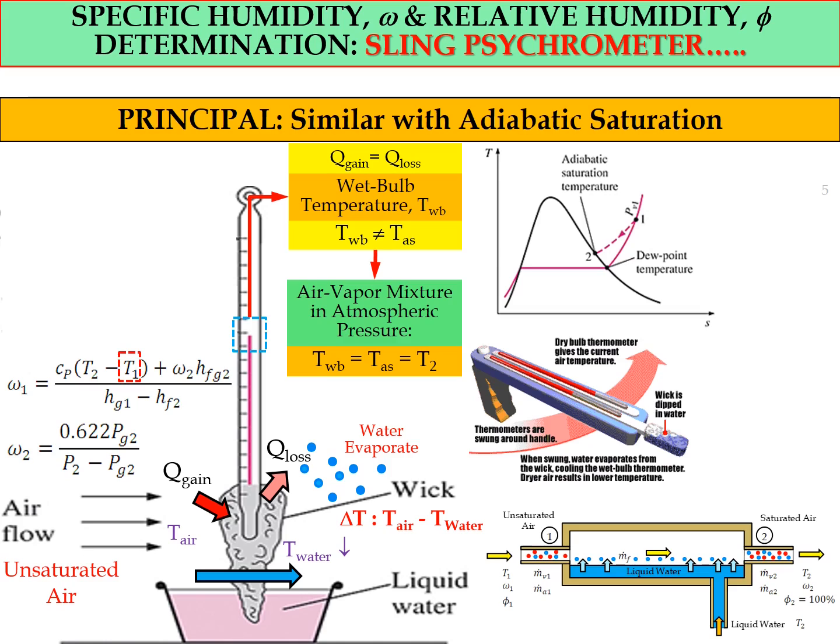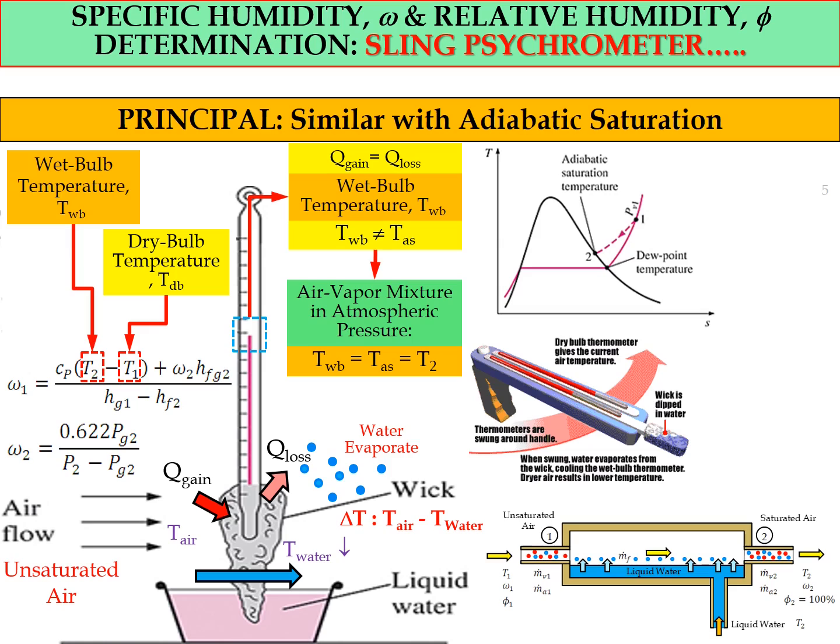Now T1 refers to the dry bulb temperature, TDB, and T2 represents the wet bulb temperature, TWB.